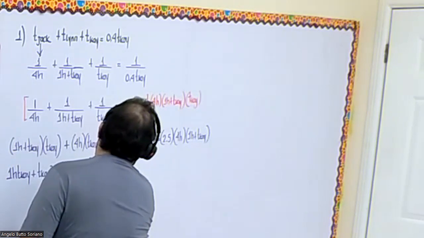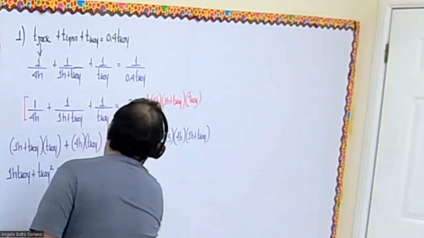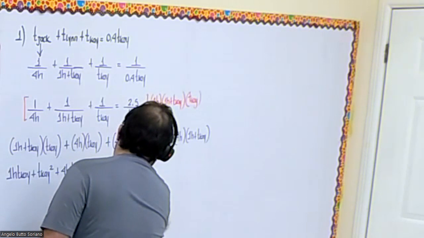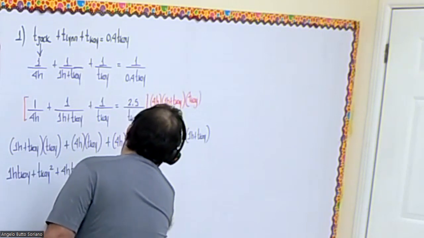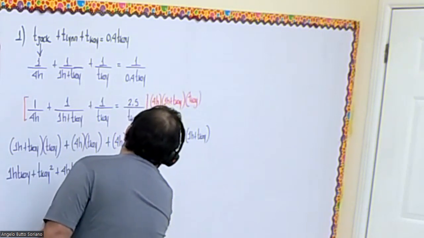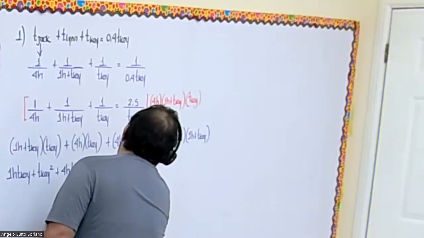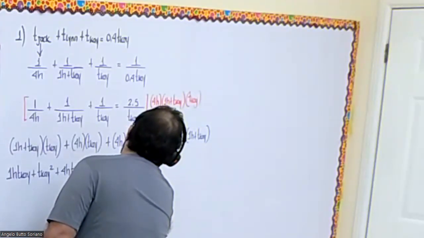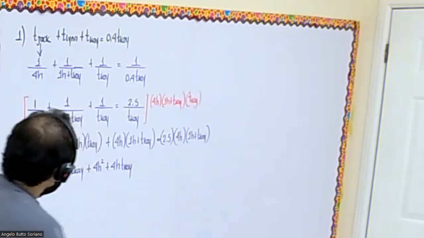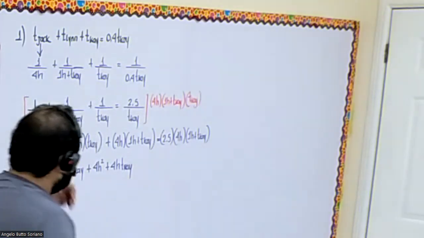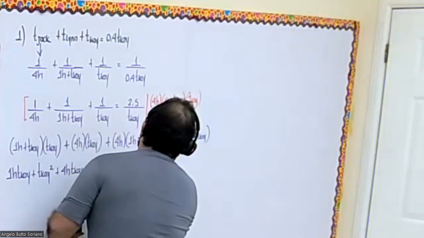For what? 4 hours square plus 4 hours period of time of chi. Okay? That will be equal to, please give me a hand.